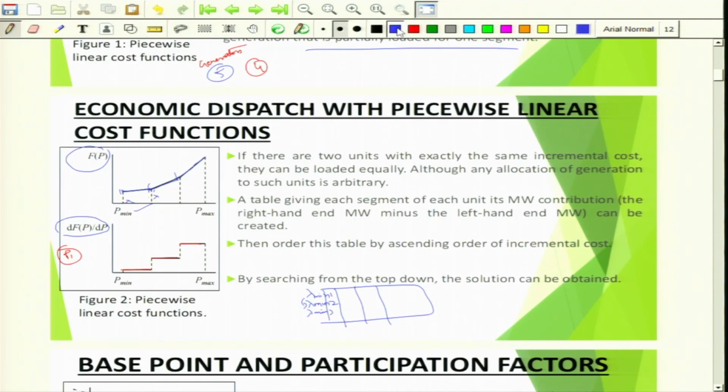Let us say you have similar characteristics for another generator, and it goes like this. Let us say for the third generator you have like this. Then the first entry of the table will be, let's number it for your easy understanding, let's say this is 1 and this is 2 and this is 3.